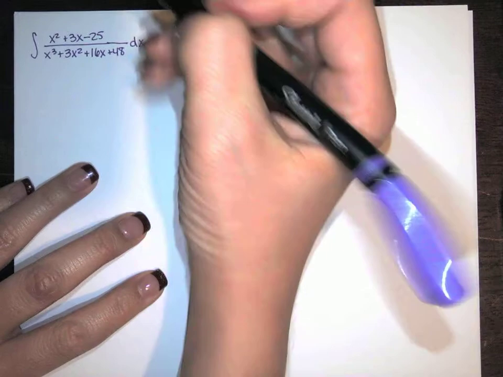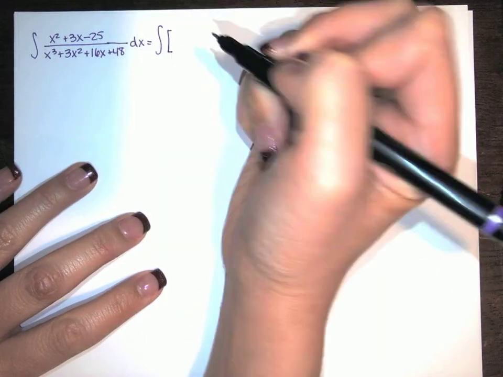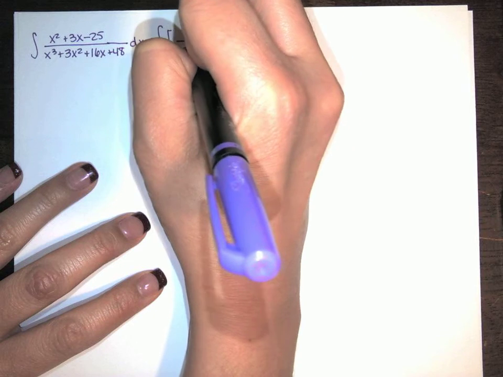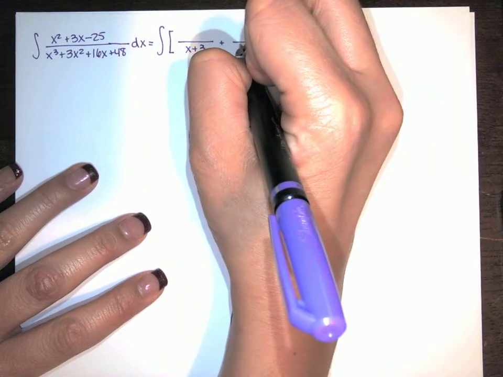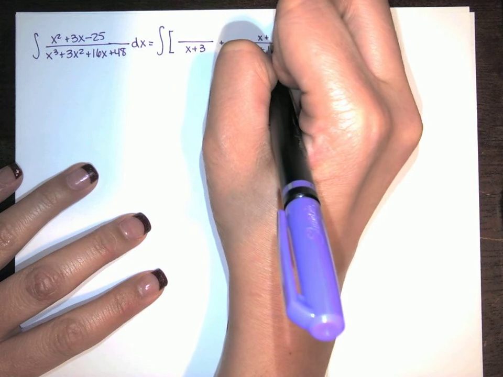All right, our original integral is equal to the integral of A over x plus 3 plus Bx plus C over x squared plus 16.